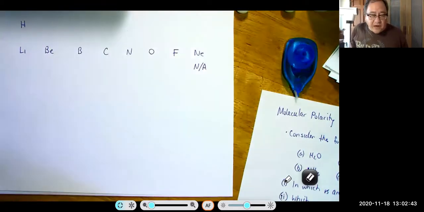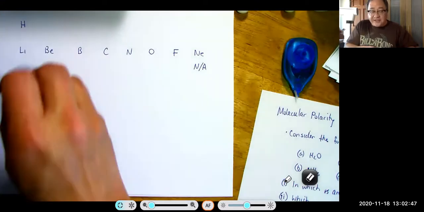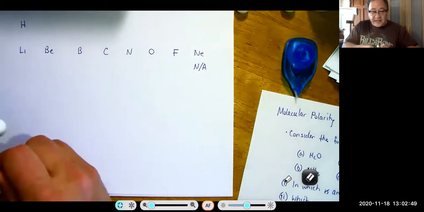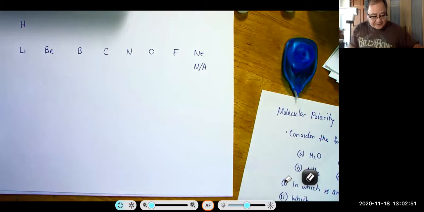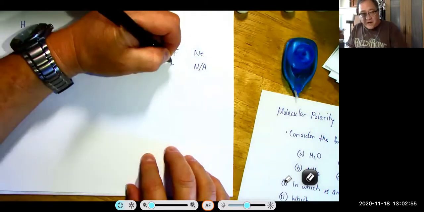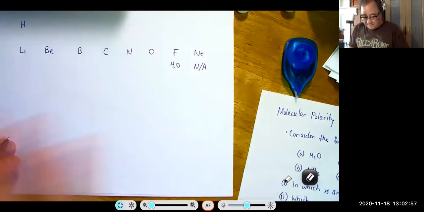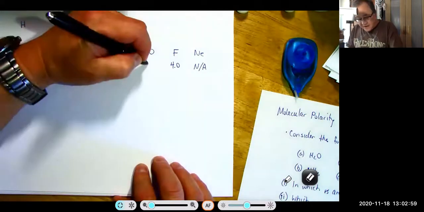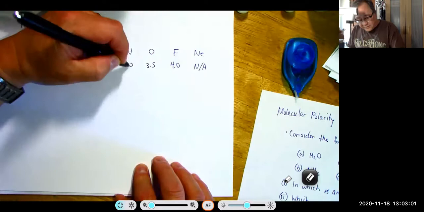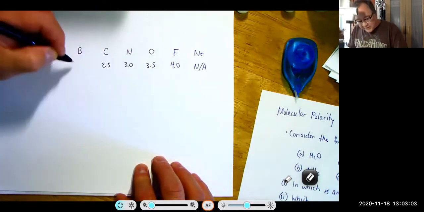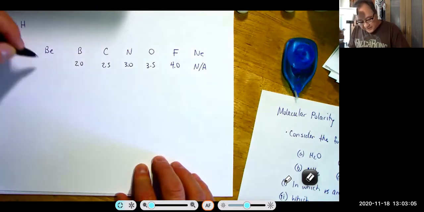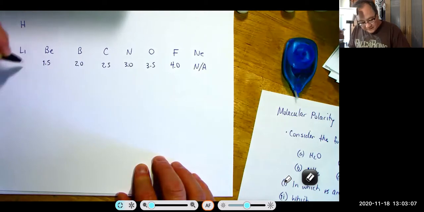Electronegativity is a measure of how well you attract shared electrons. Since neon does not share electrons, electronegativity does not apply to neon. Fluorine is a 4.0. It is by far the most electronegative element. Oxygen's a 3.5, nitrogen's a 3.0, carbon's a 2.5, boron's a 2.0, beryllium's a 1.5, and lithium's a 1.0.